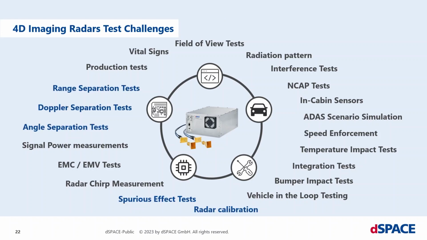Together with the angular and speed resolution, as well as higher sensitivity and accuracy in general, this is a mark of next generation radars, so-called 4D imaging radars. These specifications are decisive for the performance in ADAS and AD, so they must be tested and validated thoroughly.